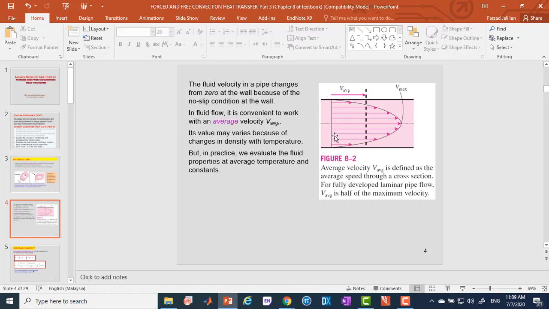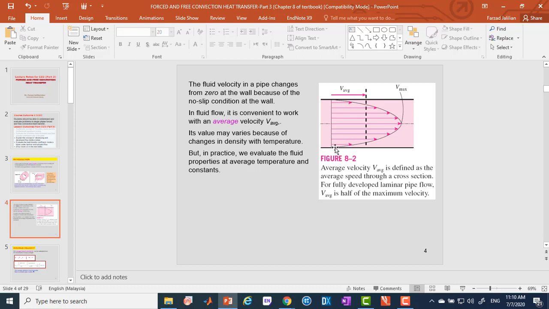Here in this figure, you can see an example of a flow inside the pipe. First, we should know how is the velocity of a fluid flow inside the pipe or a duct. Here you can see a fluid flowing inside the pipe, and the vector of its velocity.